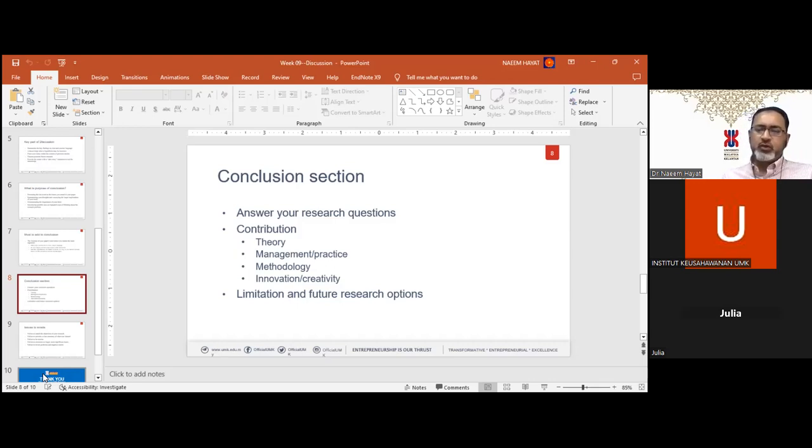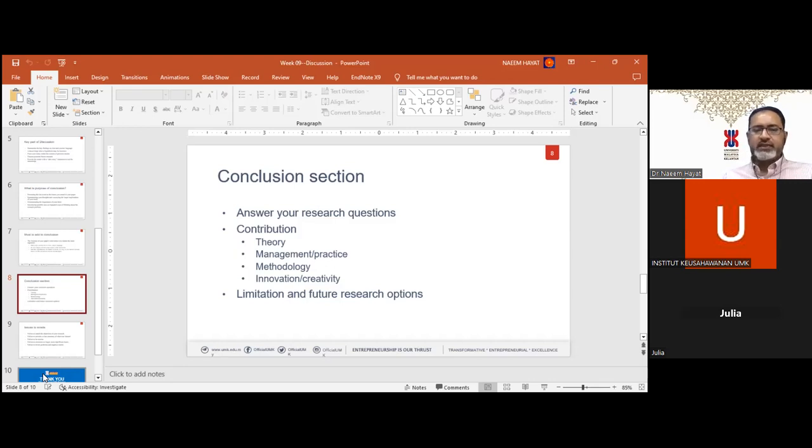So we must report what kinds of limitations or issues there are in my study, and how we can correct these limitations to have some future research options. It means if you have 3 to 4 limitations, you may have 3 to 4 future research options, showing how you can correct the method or the analysis that you are following right now in your study, and what the future research options are.